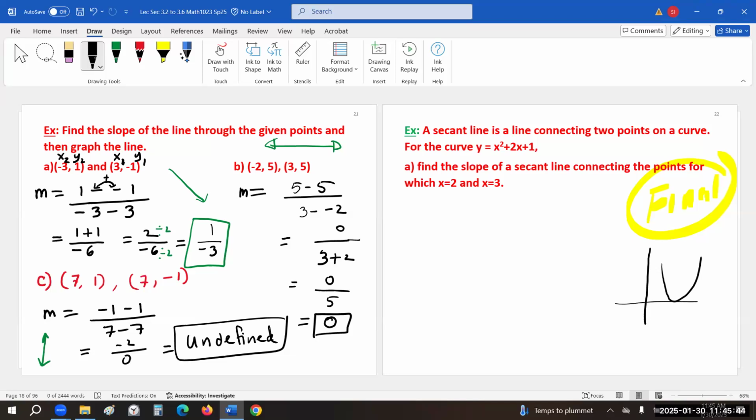And it says, find the slope of the secant line connecting the points for which x values are these. So they're telling us our x is 2 and x is 3. We have a point here and we have a point there. What is the slope of the line that connects the 2 points?